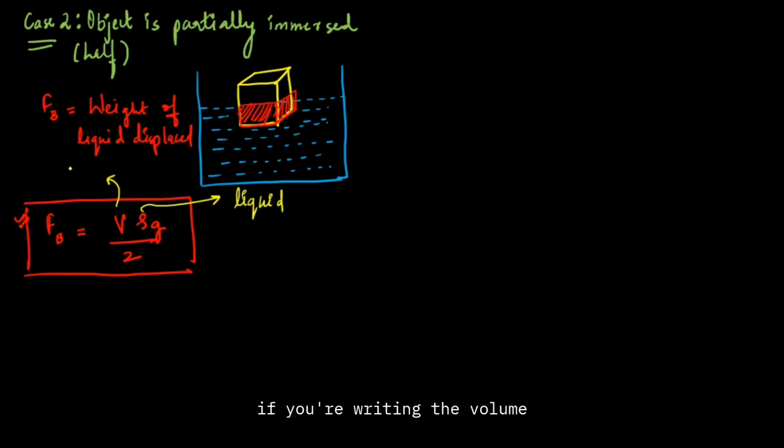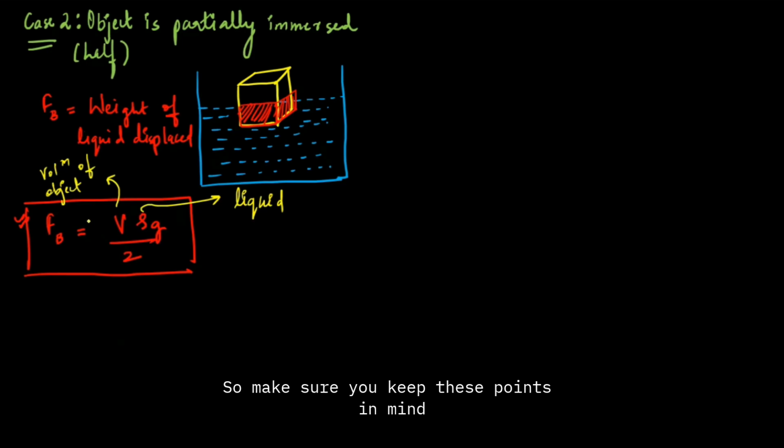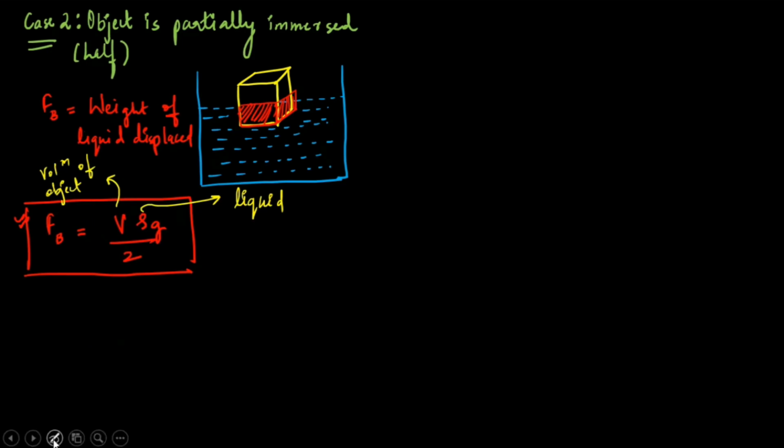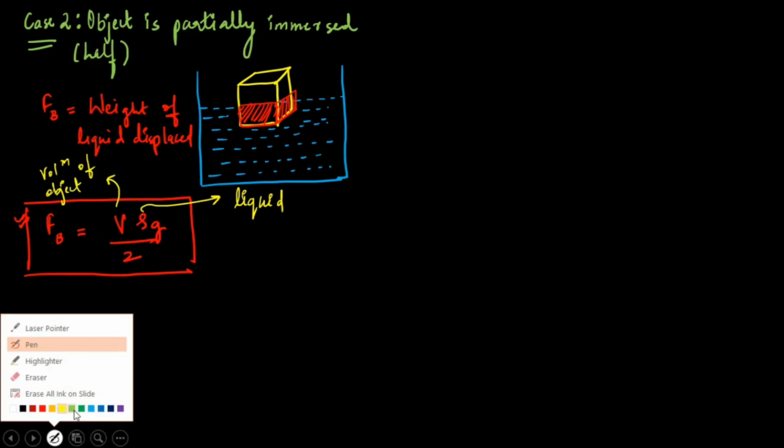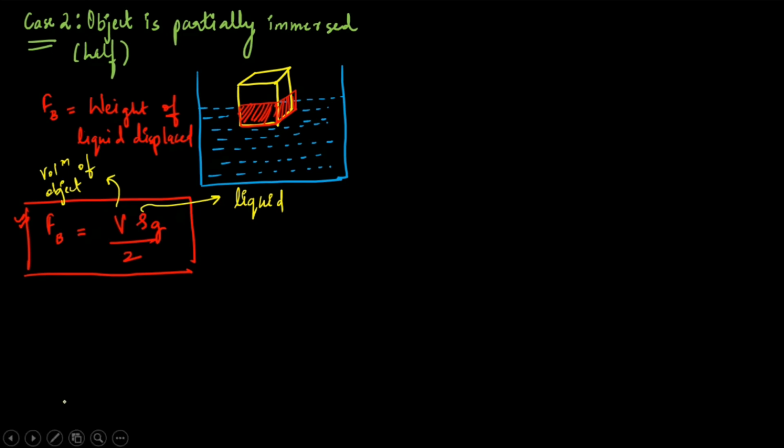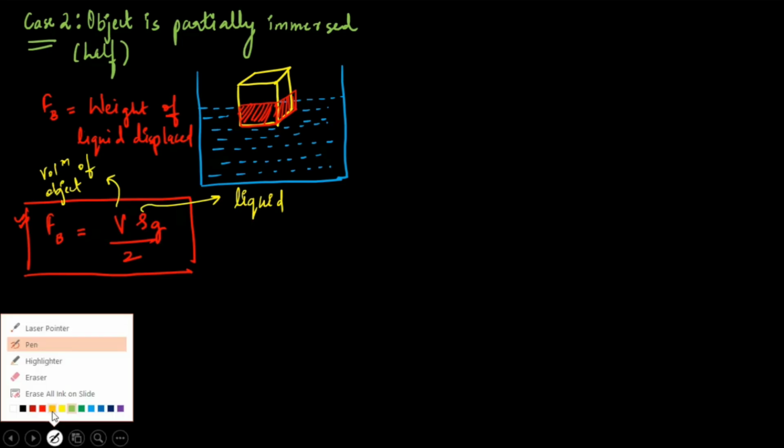Similarly, if you are writing the volume, it is going to be the volume of the object. So make sure you keep these points in mind. Clear? Is it clear? Yes, sir.